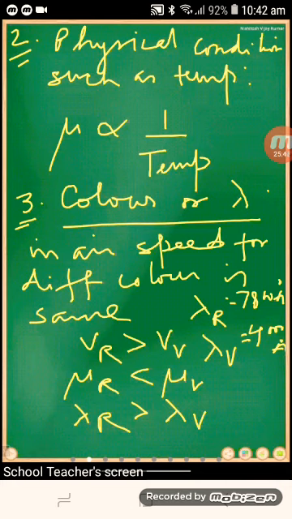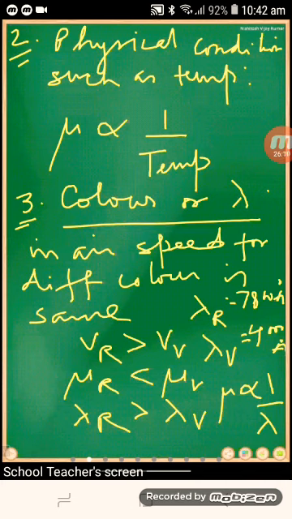Clear? So what we find is, wavelength is more, refractive index is less. Wavelength is less, refractive index is more. So we can make out that the refractive index is inversely proportional to the wavelength of the light.